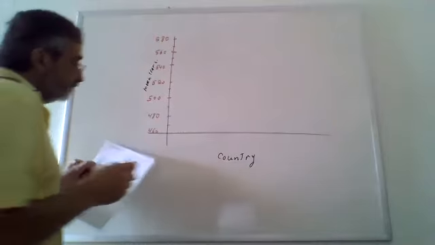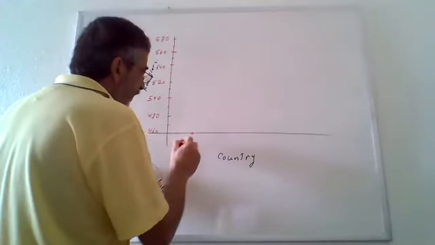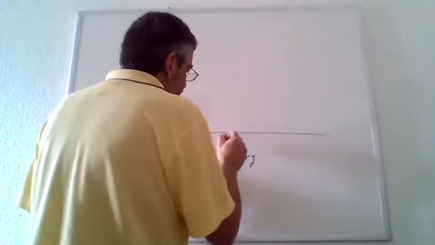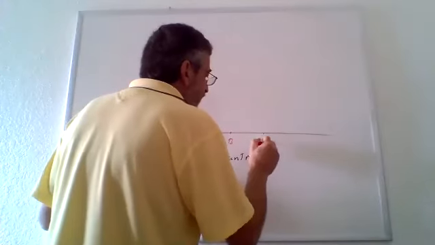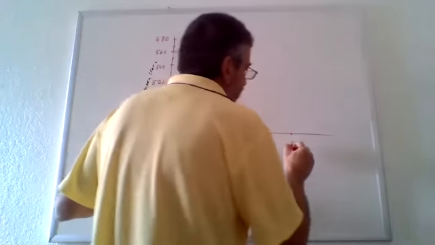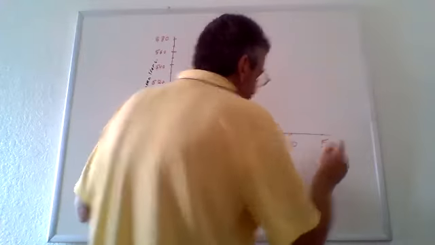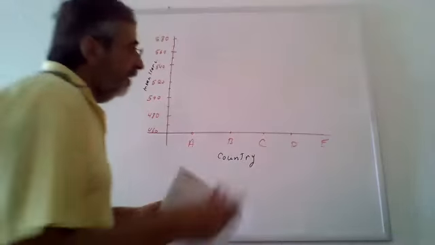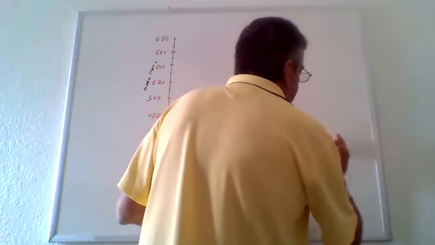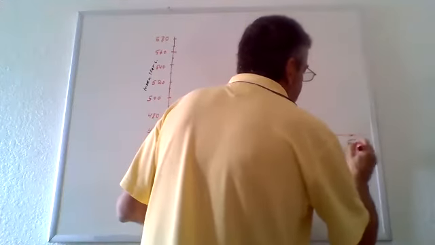And here we have country A, country B, country C, country D, country E, and maybe country F. And just extend that to F.